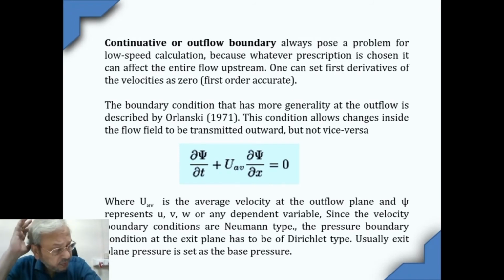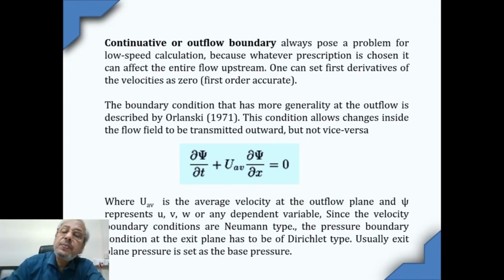Now, you can see if you use simply first derivative equal to 0, or if you use the Orlanski condition, whatever we do, we are basically setting up boundary conditions that are Neumann type.